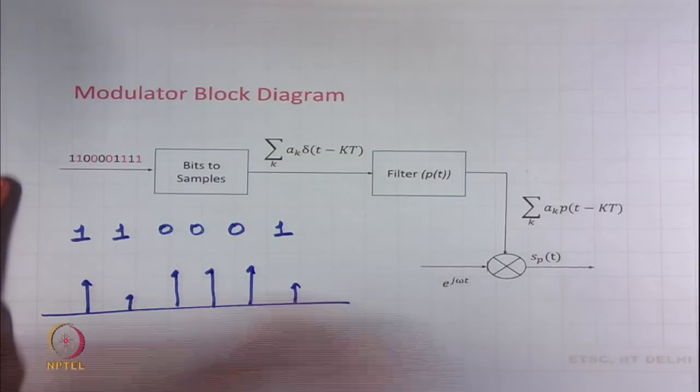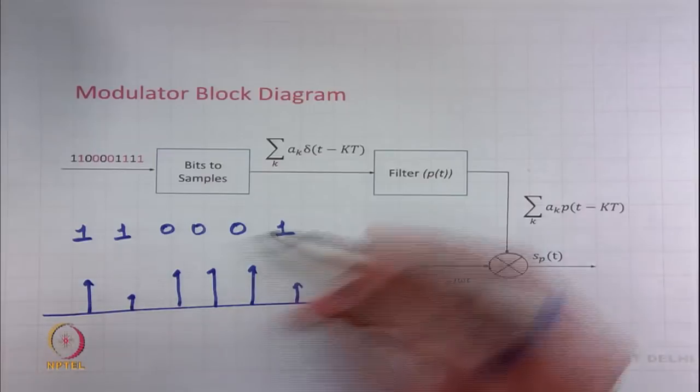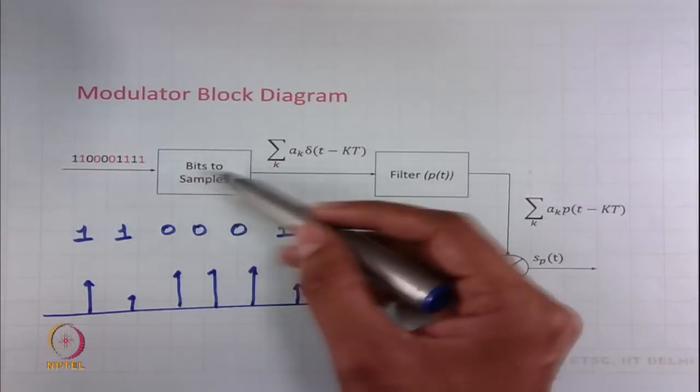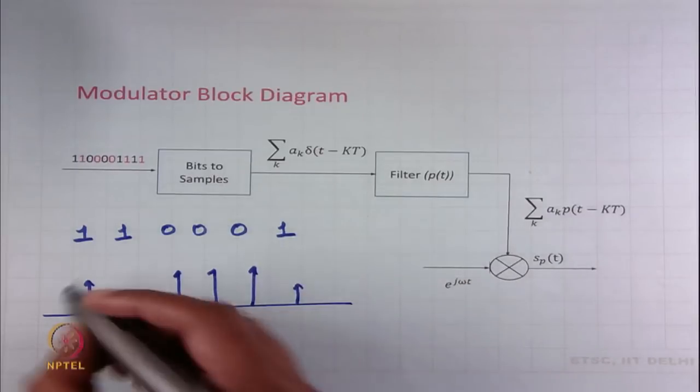Do not worry about the correctness of this mapping. The only thing that I am emphasizing at this moment is what typically happens in this bits to samples converter. So, you have an impulse train.